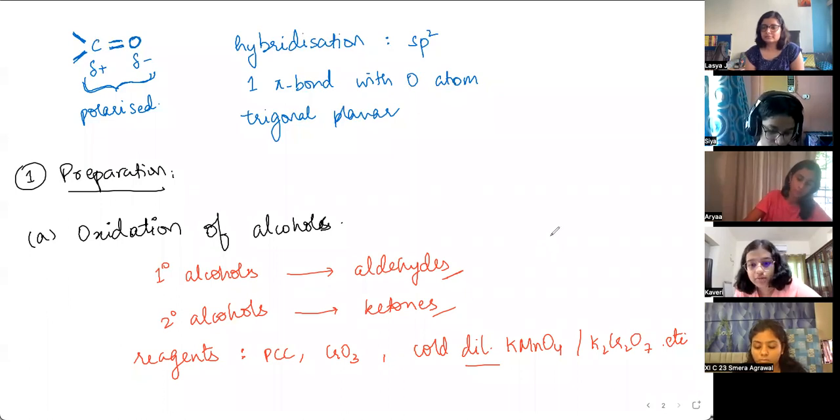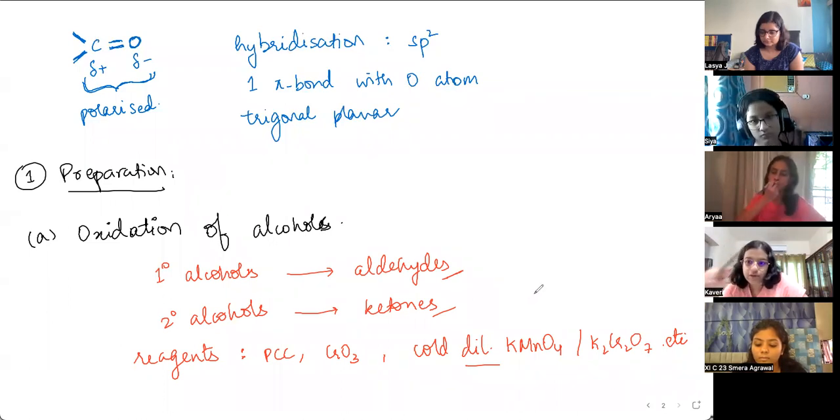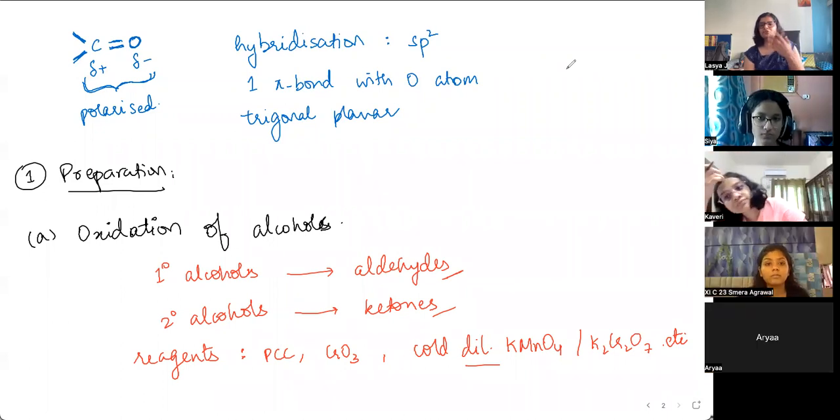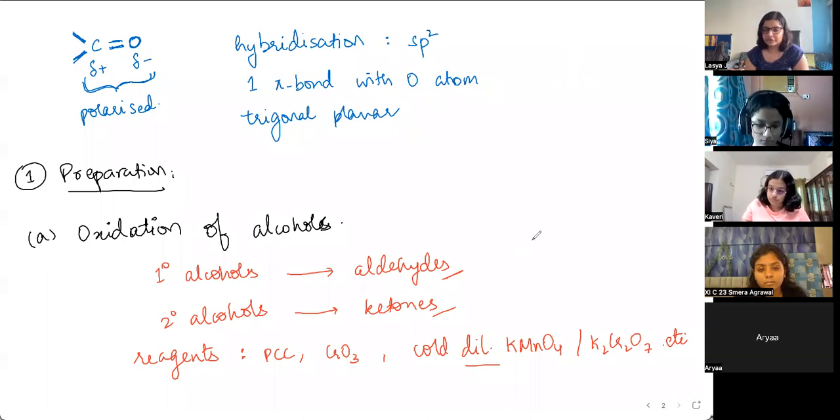When we use KMnO4 here, are the conditions different from when we use it to convert alcohols to carboxylic acids? Yeah, there's no standard where you just take it from a bottle and use the reagent.